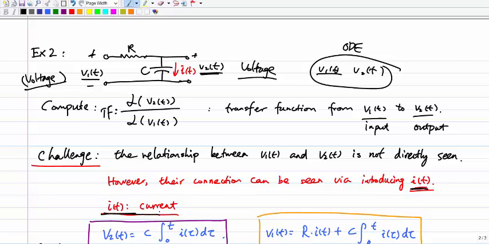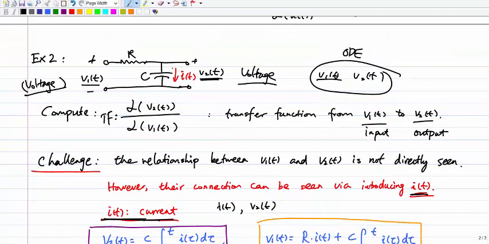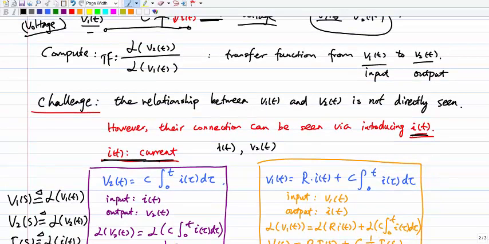By introducing this current, I want to first figure out the relation between my current I(t) and my V2(t). This is fairly easy. The current goes through here, so according to the capacitor, V2(t) is given by C integration from 0 to t of I(tau) d tau.